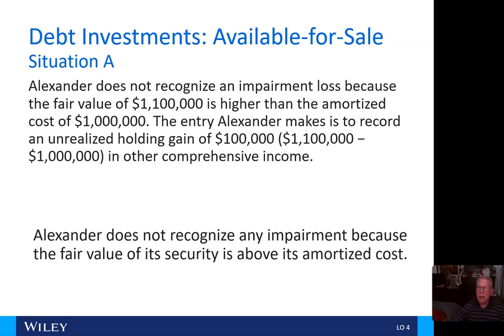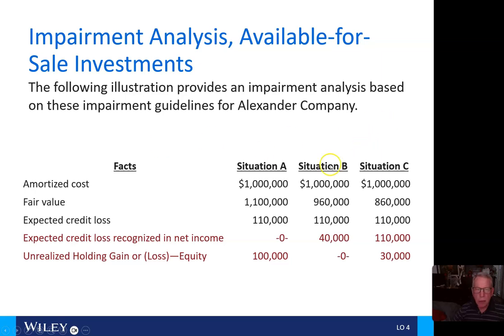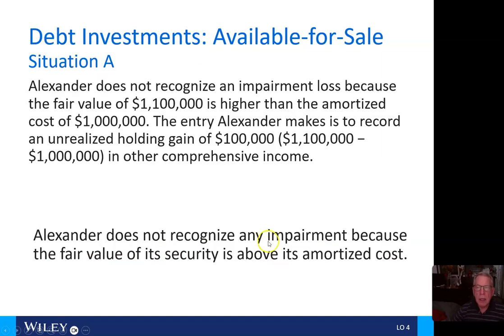In situation alpha, Alexander does not recognize an impairment loss. Let's go back. Here's situation alpha. Alexander does not recognize an impairment loss because the fair value of $1,100,000 is higher than the amortized cost of $1 million.